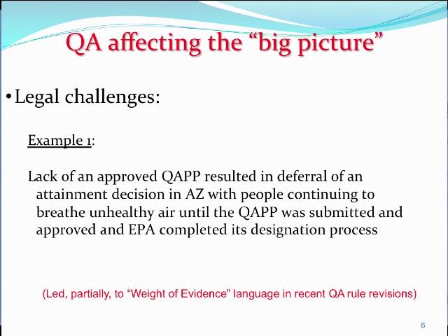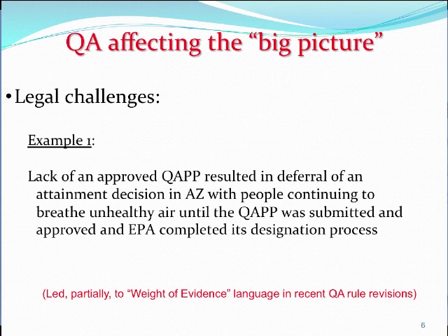A lot of these came from EPA, and these are examples of when what seems like maybe a minor QA thing or maybe a larger QA thing has really affected not only the big picture when it comes to attainment, non-attainment, but actually public health.